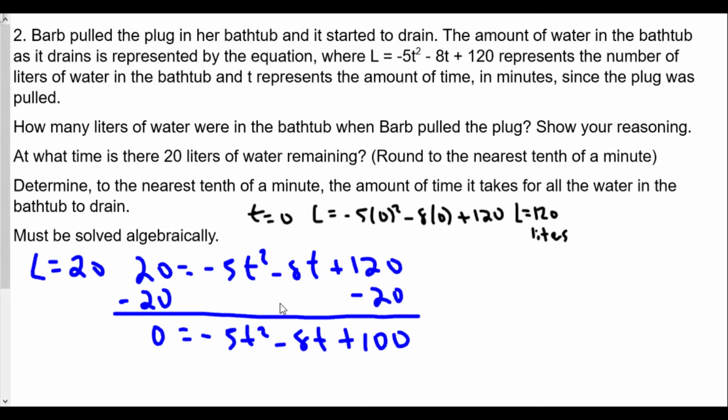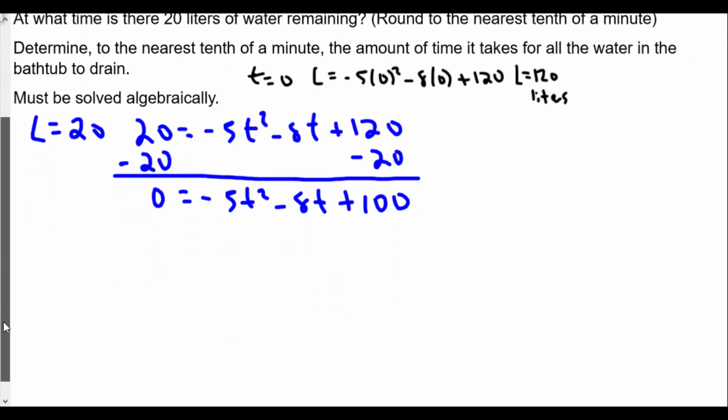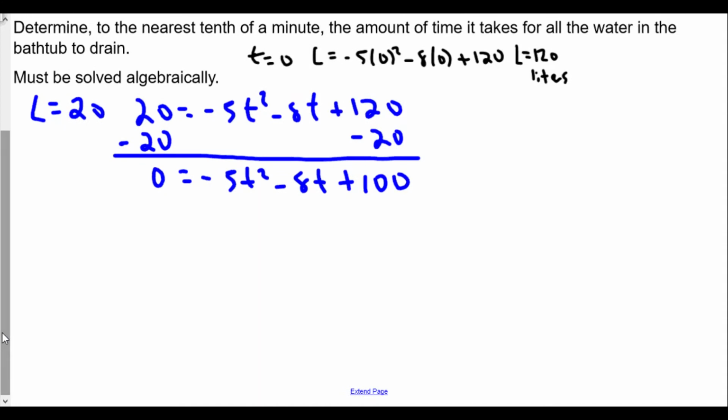Now, here's the thing. When trying to do these problems, I'm going to give myself a little more space here by moving the screen up a little bit. I'm going to use the quadratic formula, because I don't know if I can factor this evenly. I'm pretty sure I can't.